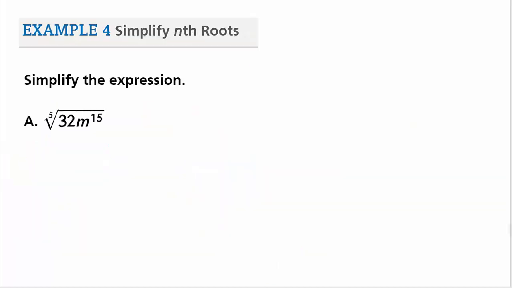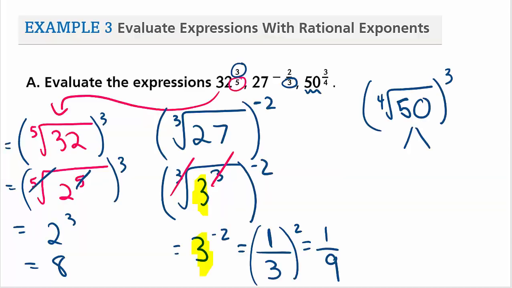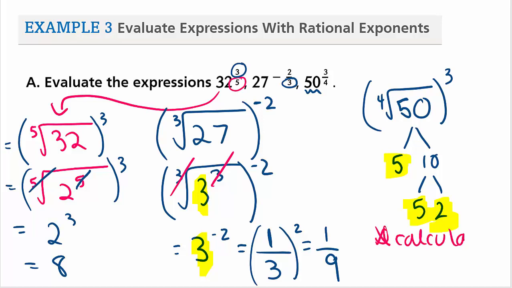But if we think of 50, 50 is 5 times 10, which is 5 times 2. So we don't have a factor that we are actually able to raise to the exponent 4 in order to cancel out the 4th root. So this one, we're going to have to use a calculator. And when we do, we get approximately 18.8.